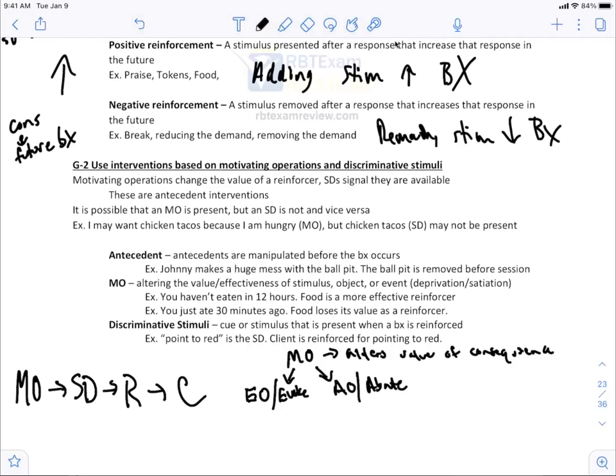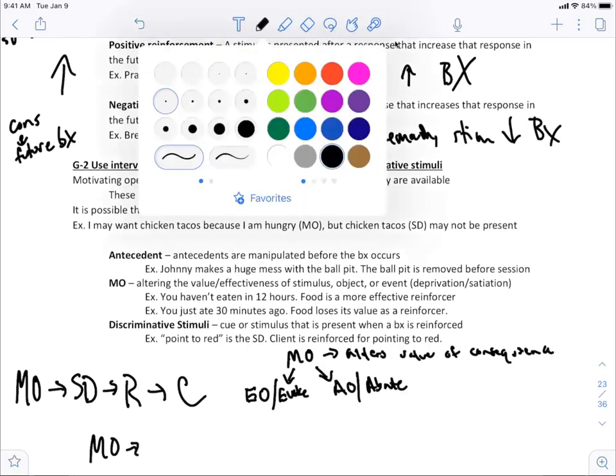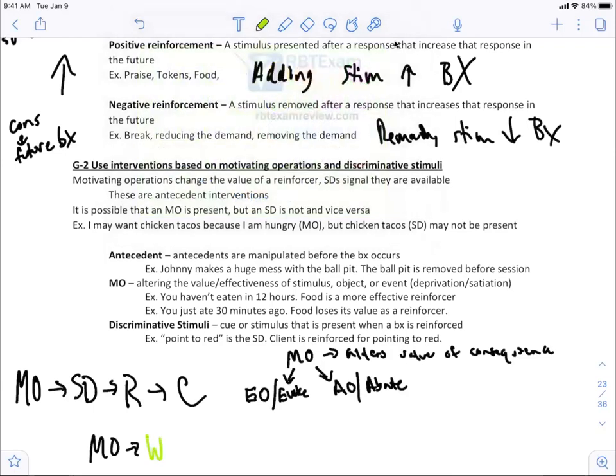And then our discriminative stimulus is a cue or stimulus that is present when a BX is reinforced. What is the difference between an MO and an SD? An MO, typically, you will want something or not, right? The MO is either going to make you want or not want something.